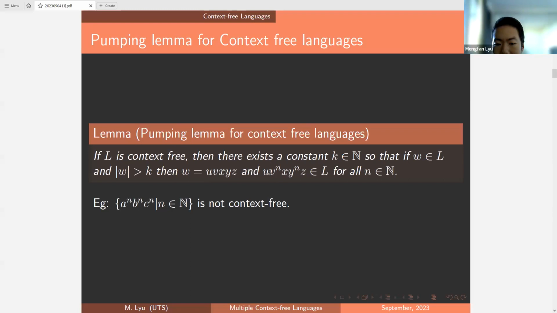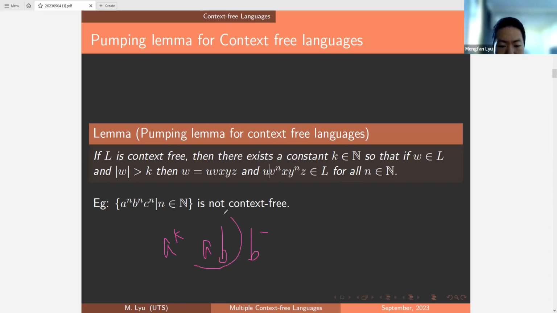If we choose v or y to be a part of this word which contains more than 2 letters, say AB or BC or ABC, then we cannot do this pumping. Let me write down something. If we use AB, then we will get A to the k, and then AB, B to something.